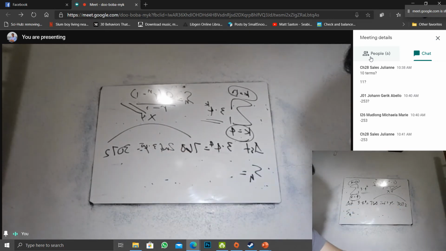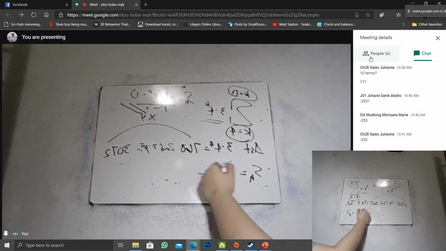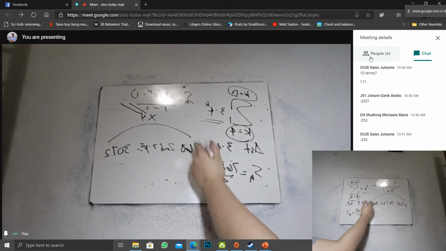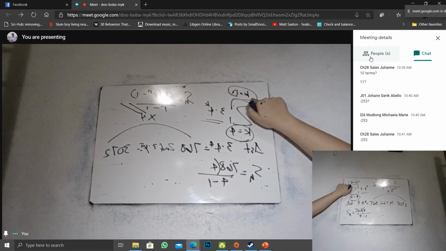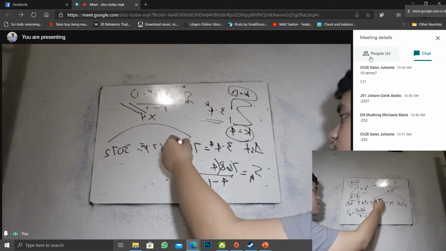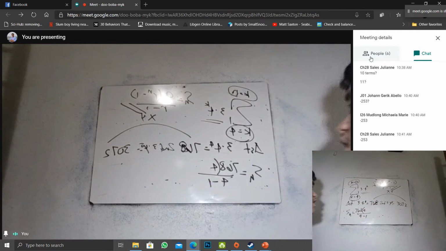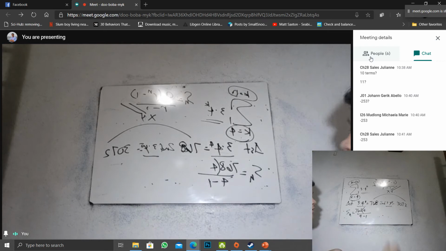S of n equals a sub 1 over r minus 1, 768 times 4. Ilan yung terms natin? K equals 10. Ay, sorry, bakit sulat ko 768 to 768. Yan, 768 yan, kasi 3 times 4 to the 4th, 3 times 4 to the 5th, 768, 3,072.